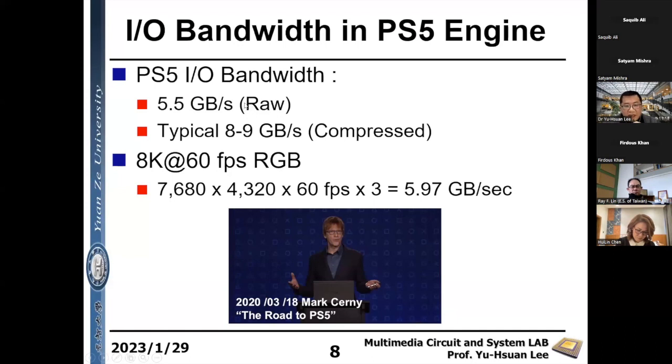But inside the PS5, it has a special engine, we call this the compressor. This compressor can reduce the bandwidth requirement, so with it, it can increase the bandwidth capacity from 5.5 up to 8 or 9 gigabytes per second.